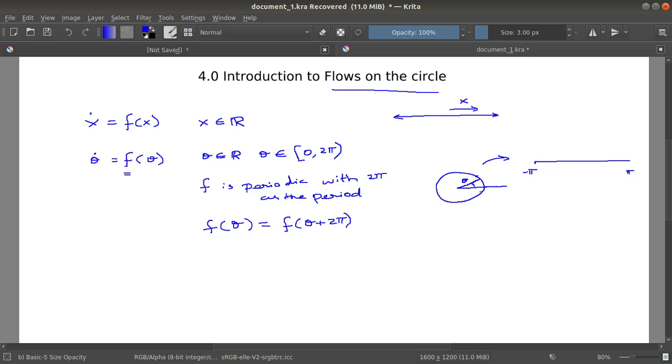Therefore we are considering this as an oscillatory behavior.